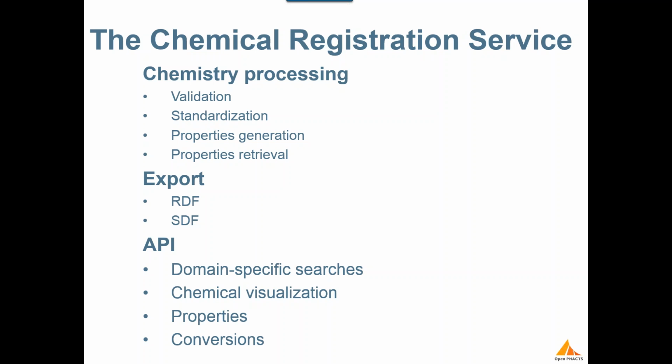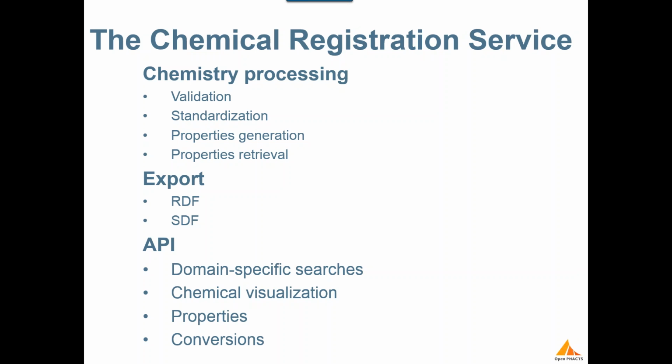The third part of our deliverables is that the chemistry domain requires very specific chemistry searches. I'm speaking here about substructure and similarity searches, which are not alphanumerical searches and have to be done in a very specific way. We provide the platform for running those chemistry-specific searches through the API, exposed from the chemistry registry service.